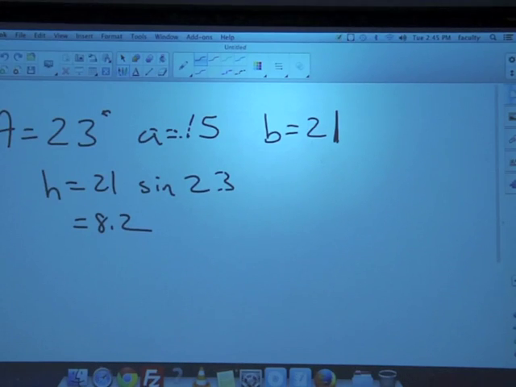We do use it to decide how many triangles are possible. But why do you use side B? Because the height of my triangle is given by adjacent times sine theta. So we have to first find the height, given this scenario.